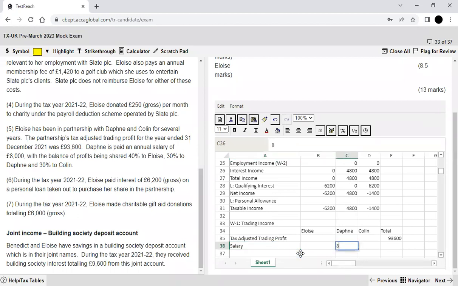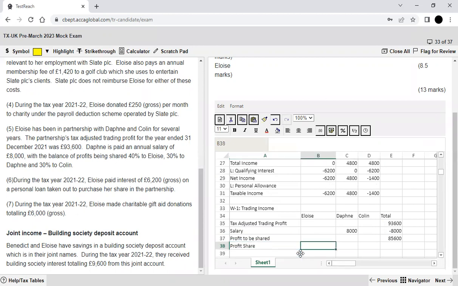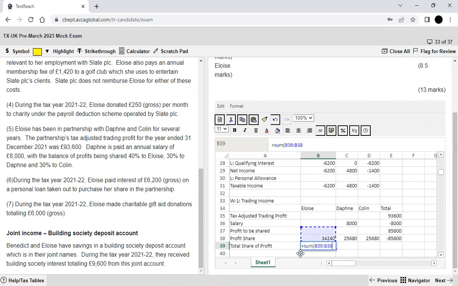Salary, there was only salary paid to Daphne. As a result, total share of profit amount.